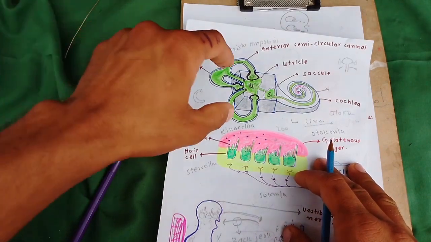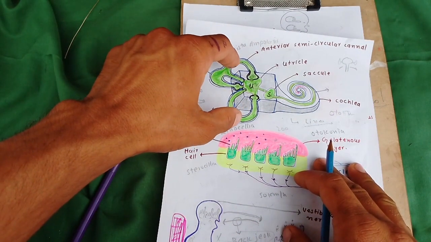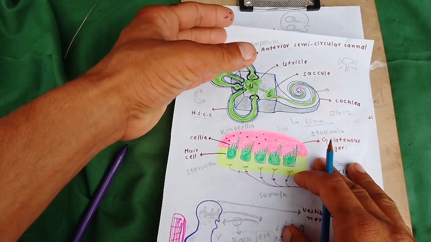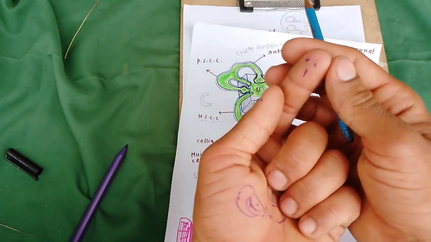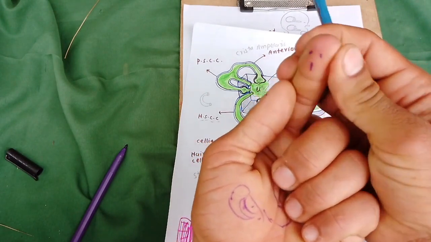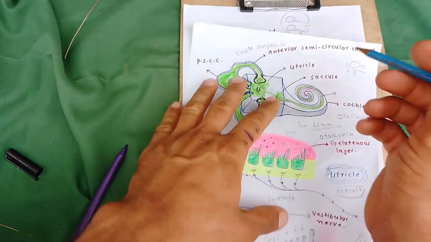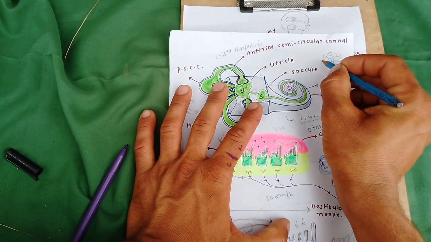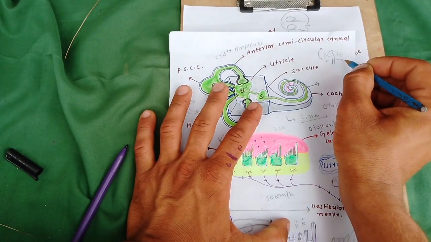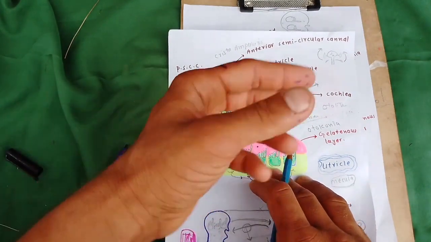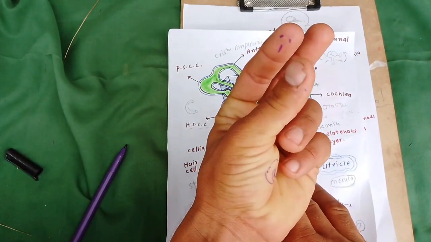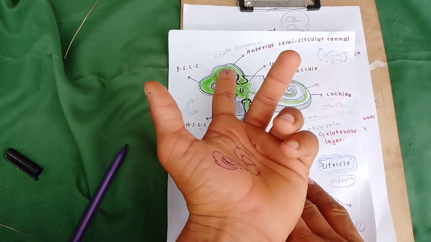These are concerned with the motion of the head. When the motion of the head changes, they control all body posture. When the head is moving to the right side and left side, rotating right and left, the horizontal semicircular canal controls the head rotation.